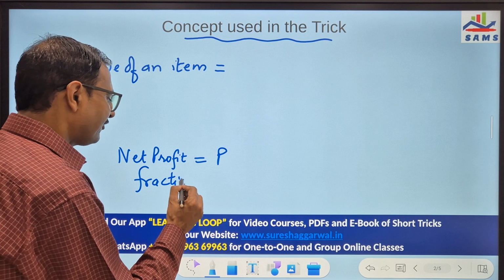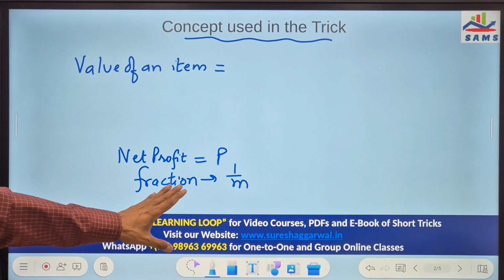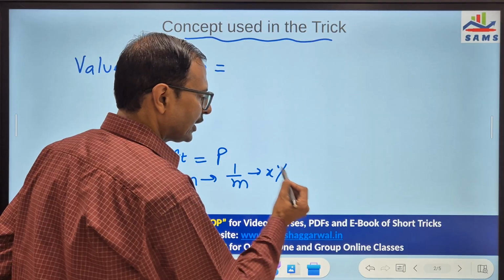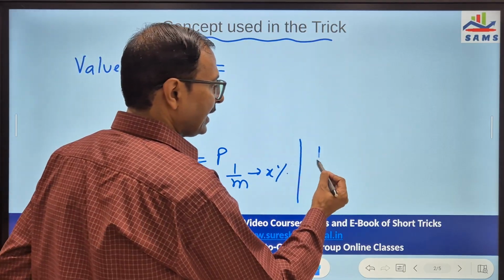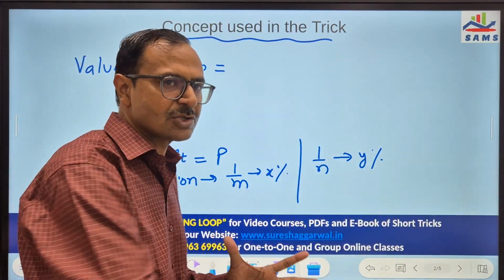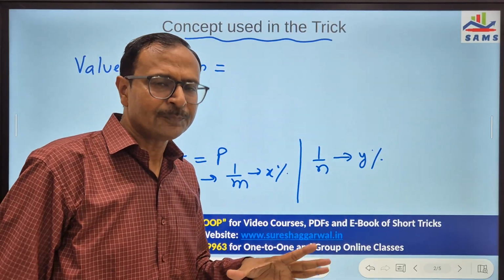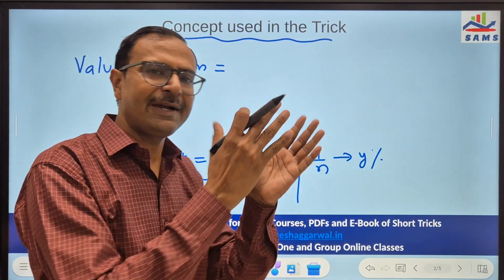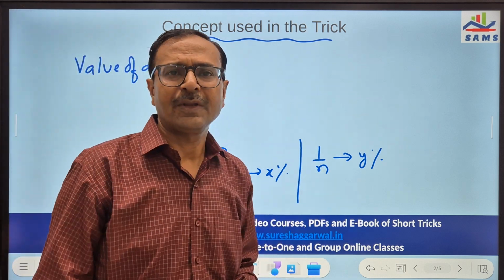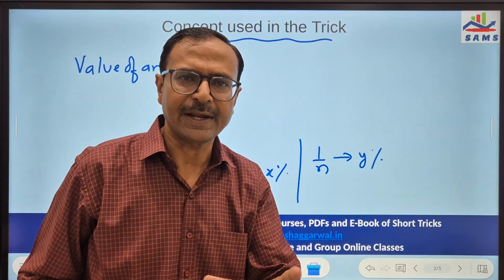The fraction 1/m is sold at a particular profit, say X%, and similarly we have a 1/n portion which is sold at, say, Y% profit. It can be like 3 different fractions also. I am telling you the short trick only for 2 parts, like 1/4 and 3/4, 1/2 and another 1/2, 1/5 and 4/5, but it can be three parts also.